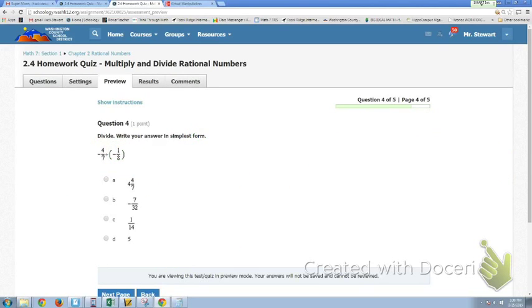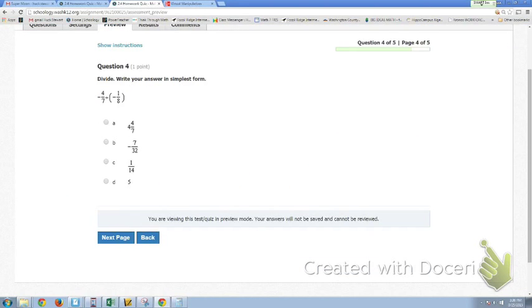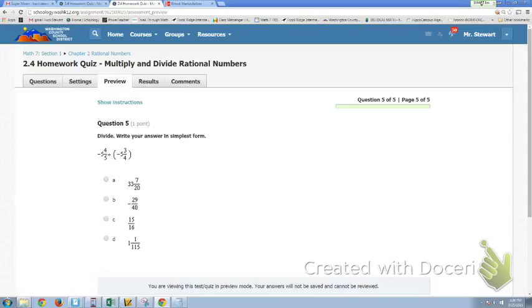All right, and the last question has to do with a division again. The only thing I'm going to say about this one is remember how when you're dividing, you can multiply by the reciprocal. Only when you multiply fractions and they're mixed, the first thing you'll have to do is convert them to improper.